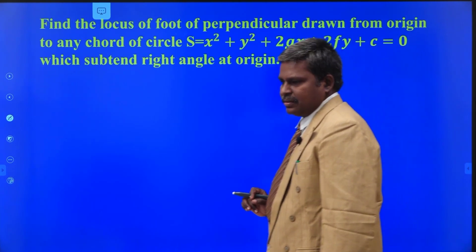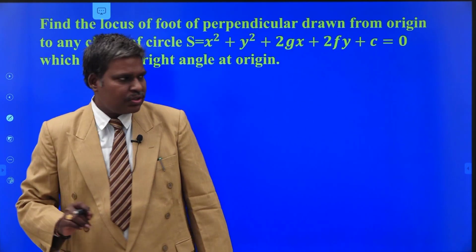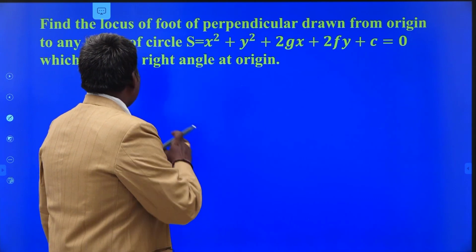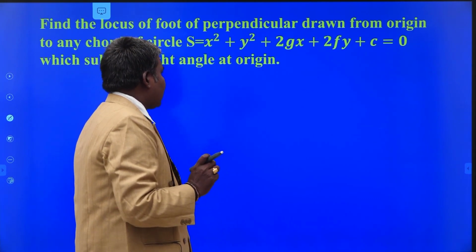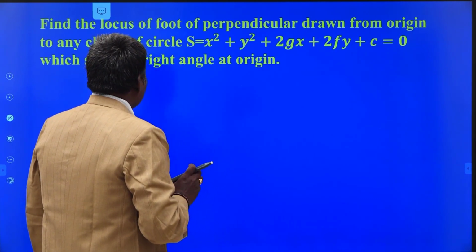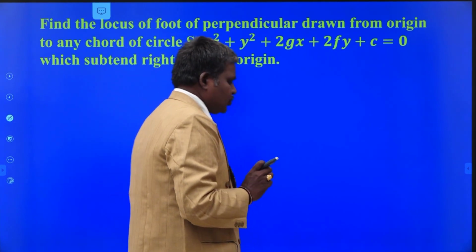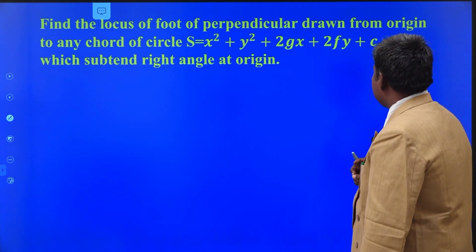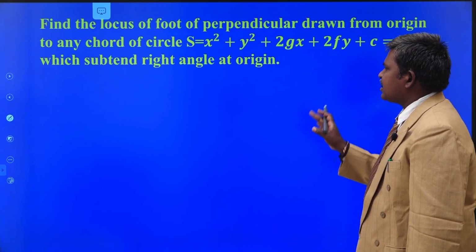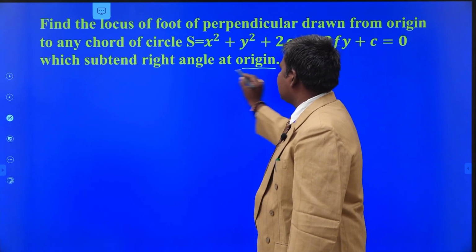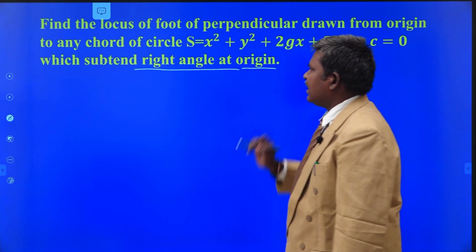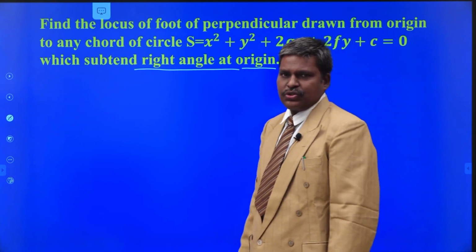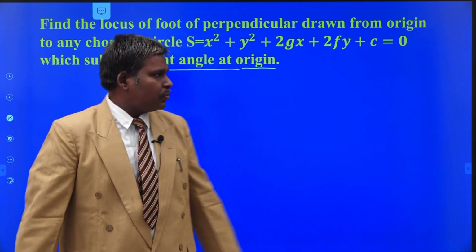See here, this is also a very nice question. Find the locus of the foot of the perpendicular drawn from the origin to any chord of the circle S equals x square plus y square plus 2gx plus 2fy plus c equal to 0, which subtends a right angle at the origin. This is the question. What do you have to write?